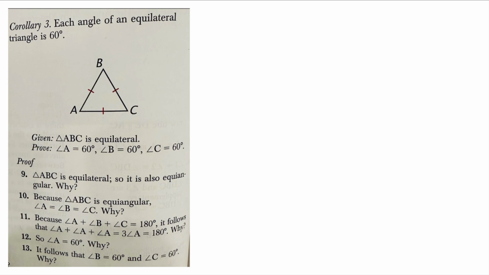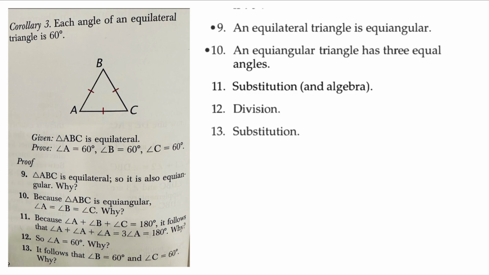Triangle ABC is an equilateral, so it is also equiangular. And why? Number 9, an equilateral triangle is also equiangular. Number 10. Because triangle ABC is equiangular, angle A equals angle B equals angle C. Why?